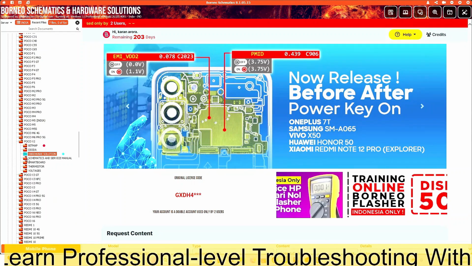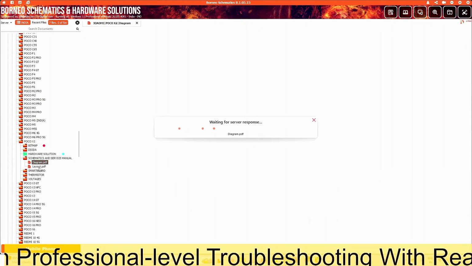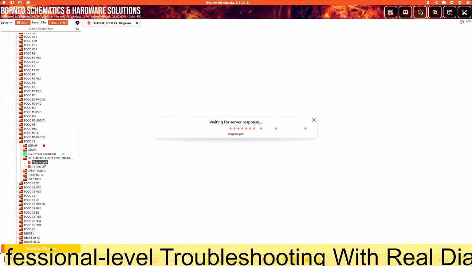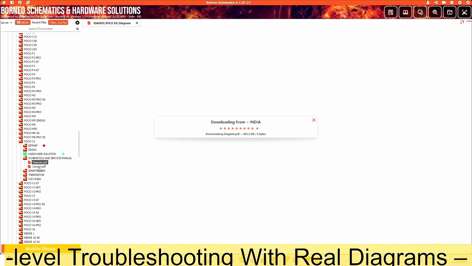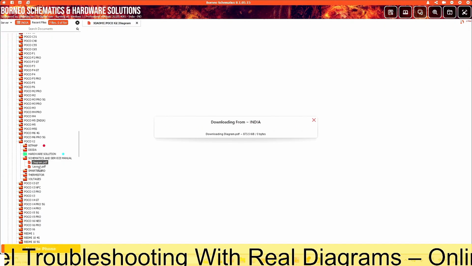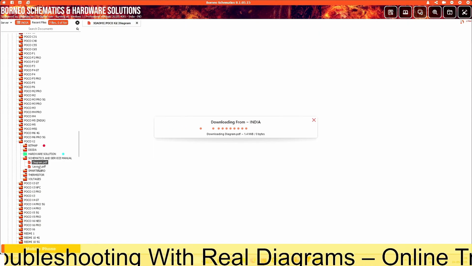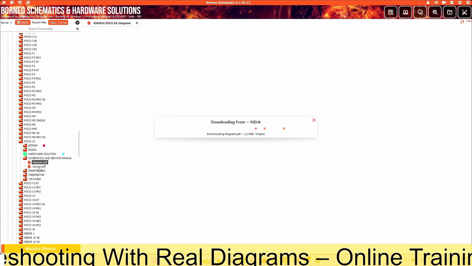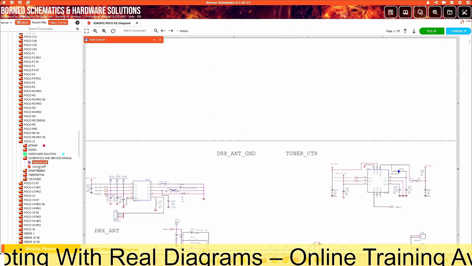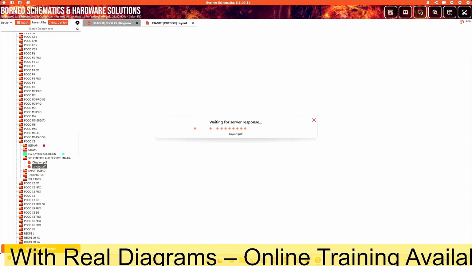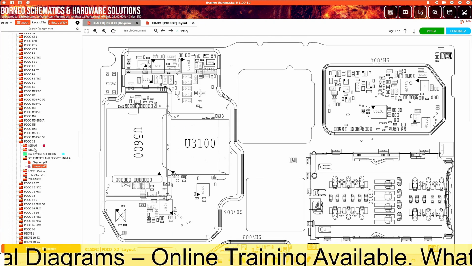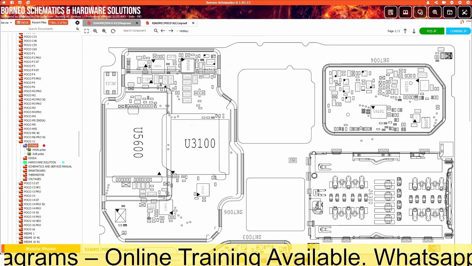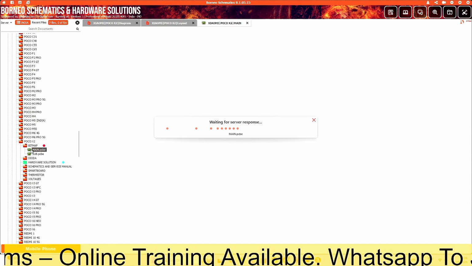So we go to the schematic diagram, layout. Now we also open the bitmap for helping.